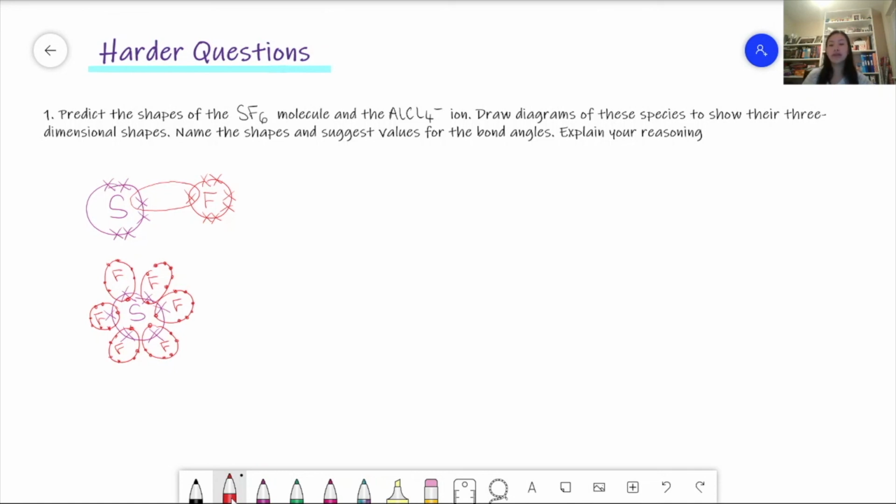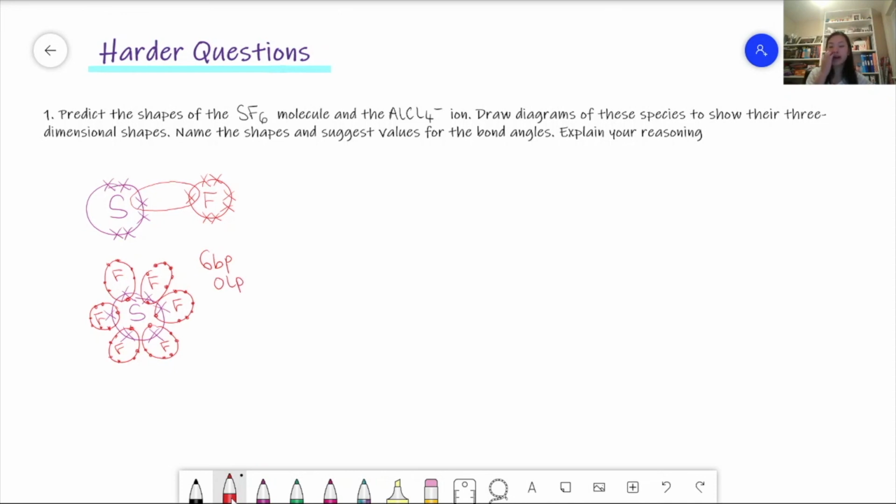So then we count up the bonding pairs and the lone pairs. We don't have any lone pairs, we only have bonding pairs, and we have 6 of them. So we must have 6 bonding pairs and 0 lone pairs. I always write this at the side so it reminds me of what I have.